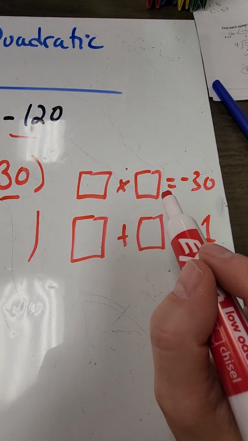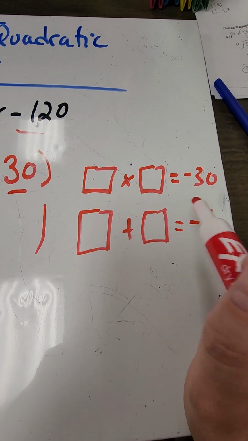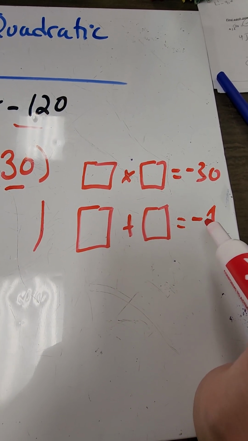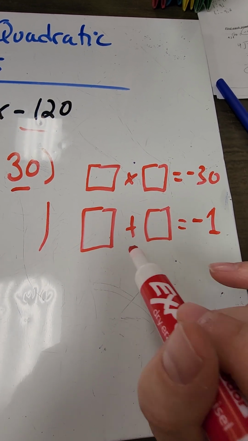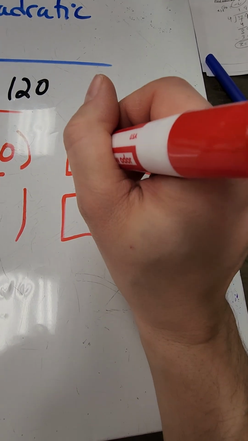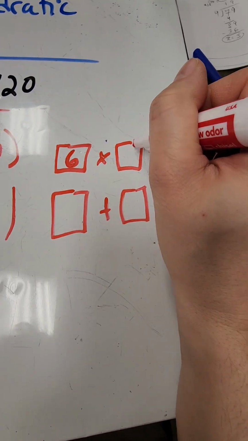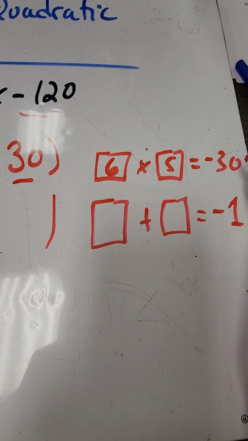So factors of 30, right? 30 and 1, if we added or subtracted those, we won't get to 1. 2 and 15, if we added or subtracted those, we would not get to 1. But 6 and 5 would work. So we know 6 times 5 would give us 30.